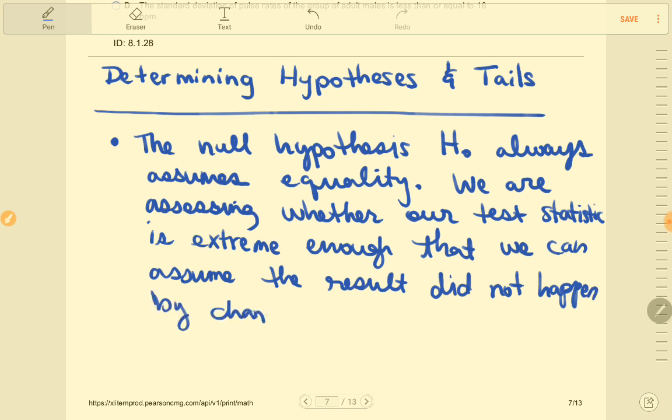In other words, it's a significant result. And if we find that to be true, then we will reject the null hypothesis.